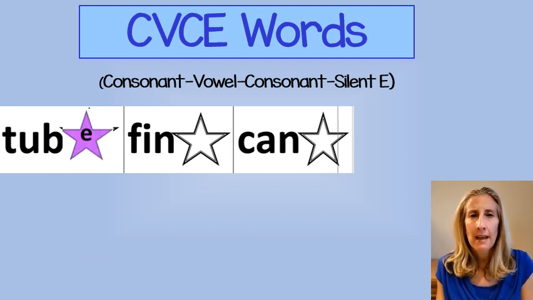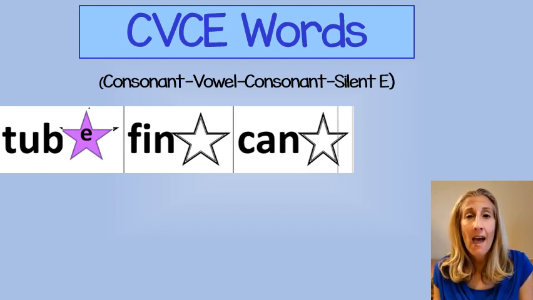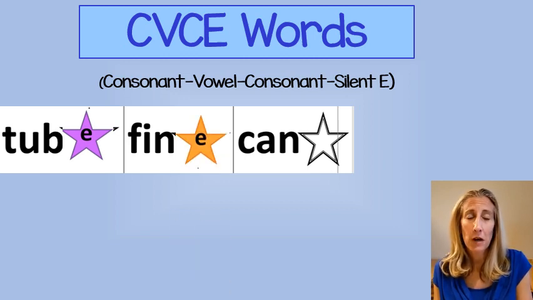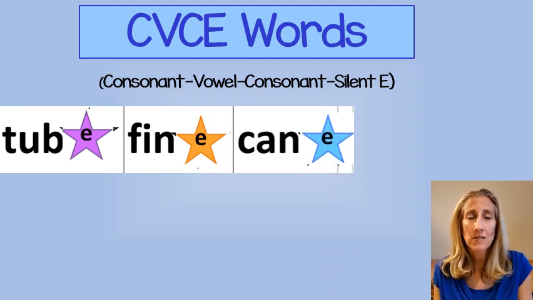Let's look at the next word. Fin. Now, if I add that E, what happens to the I? That's right, it says the long sound, so we need to say fine. And the last one, can. That's the sight word we all know. If I add the E to the end, the A is going to say A. Cane.